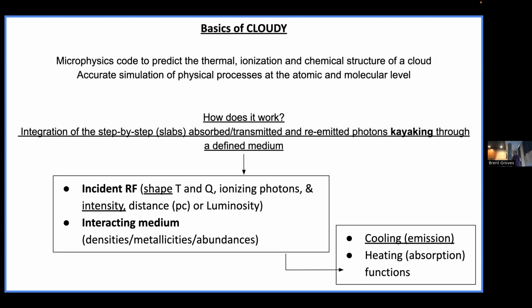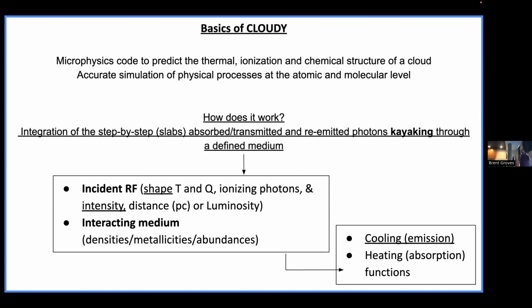In a very easy way to describe it, at least this is how we try to understand it, it is able to do a step-by-step equation solving of photons traveling through a defined medium, and those photons can get absorbed, transmitted, re-emitted, and this is how we retrieve by integration backward the functions that we want to use.